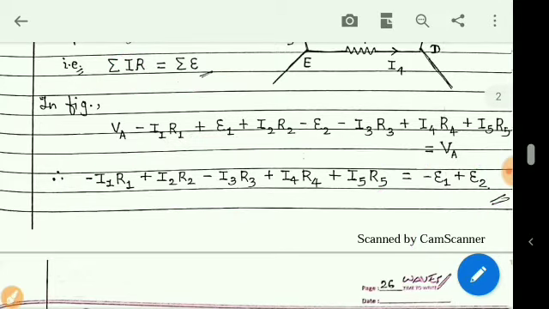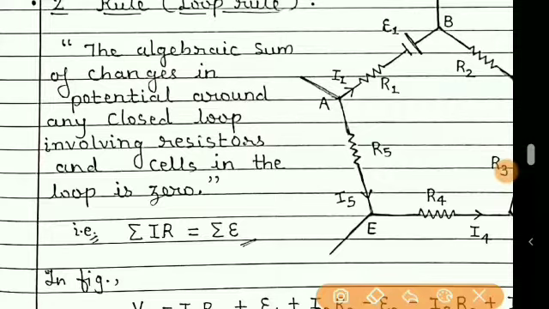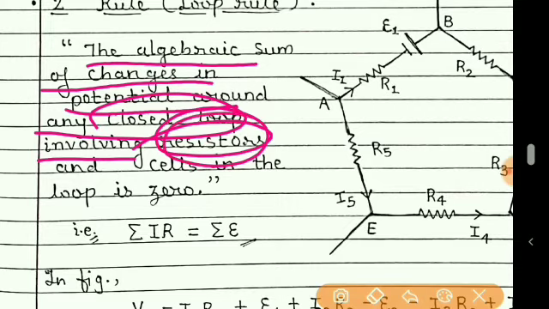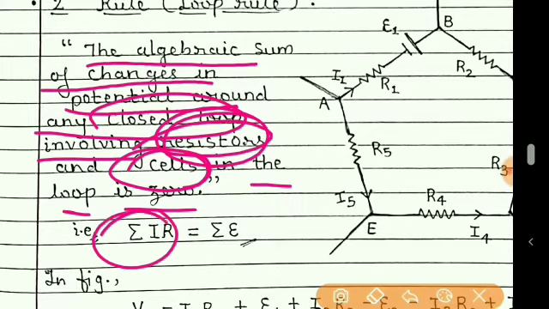And so the second rule states that the algebraic sum of the changes in potential around any closed loop involving resistors and cells in the loop is 0. And so summation of IR is equal to summation of epsilon.